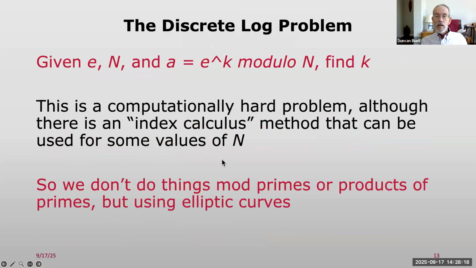Now, the discrete log problem: given a root, N, and the Kth power of the root, find K. There is an algorithm called the index calculus, which sort of works for large values of N, but doesn't work perfectly for large values of N. So we don't normally use primes with key exchange.